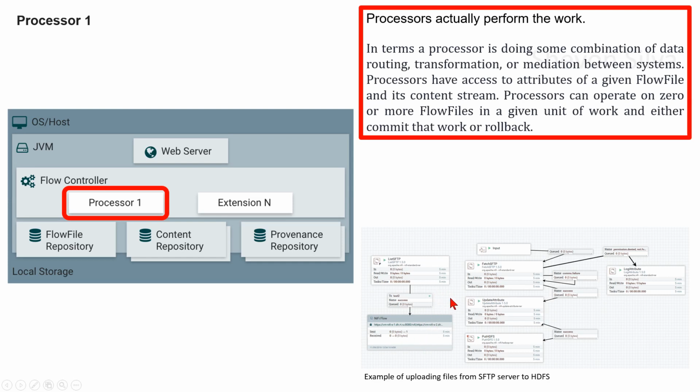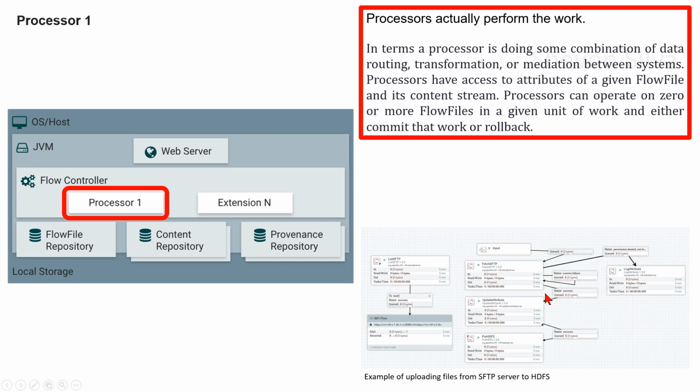The result of this listing is used for parallel downloading of files by all the nodes of the cluster by the fetch SFTP processor.